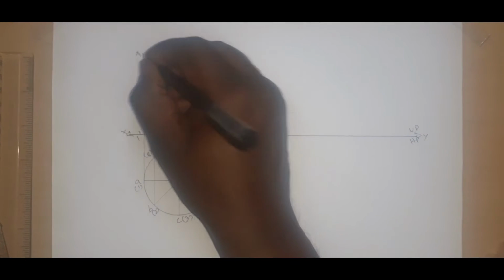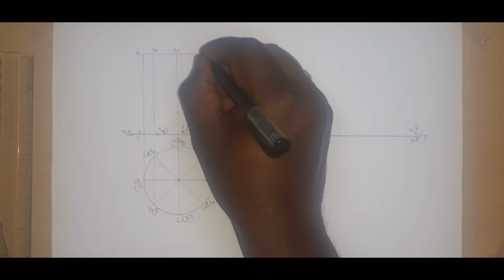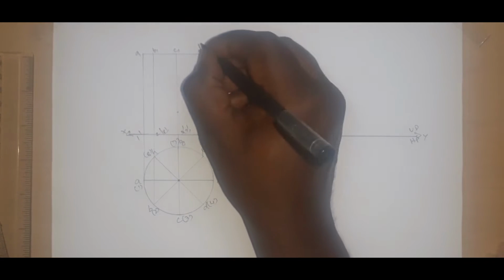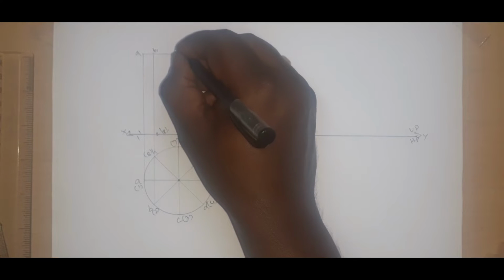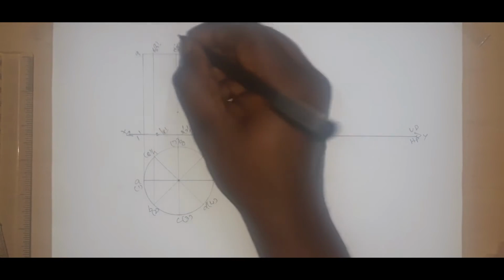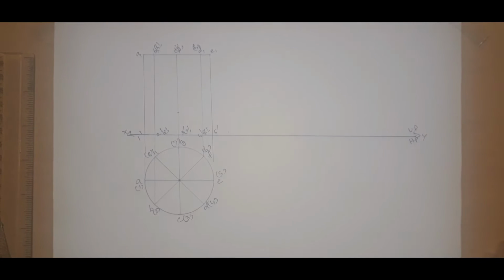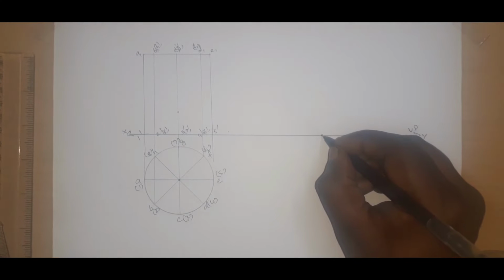Next, this is A dash, B dash, C dash, D dash, E dash, F dash, G dash, H dash. So the top face will always be the alphabets and the bottom face will be the numerals.